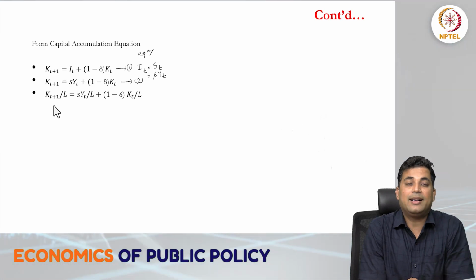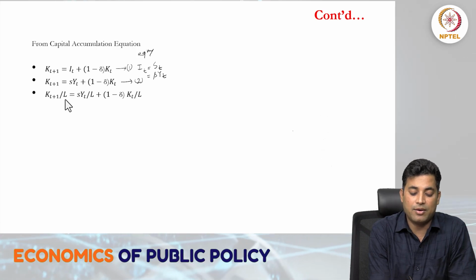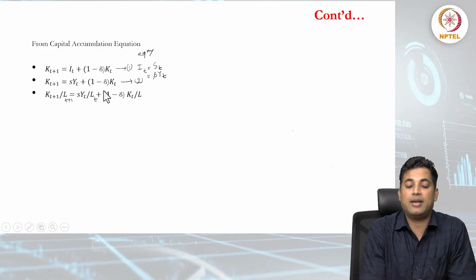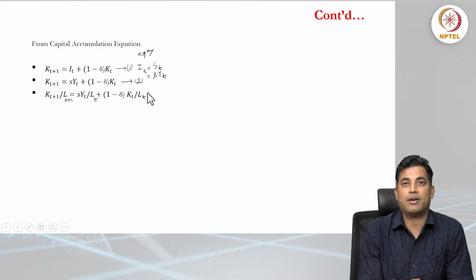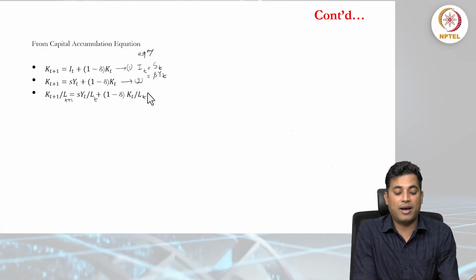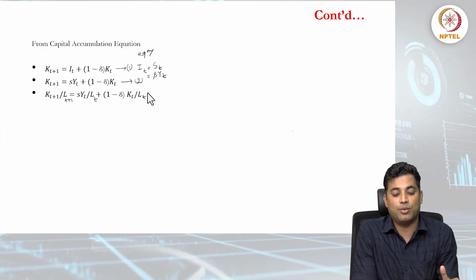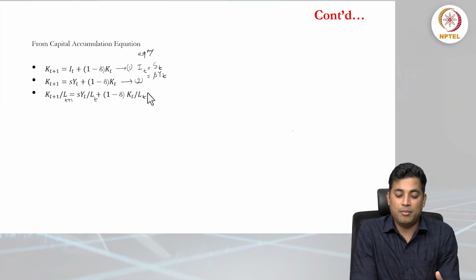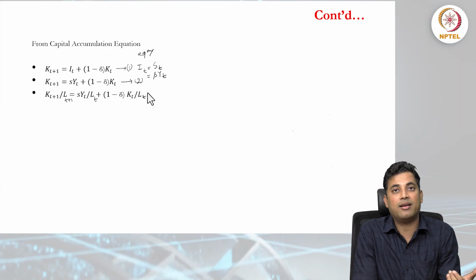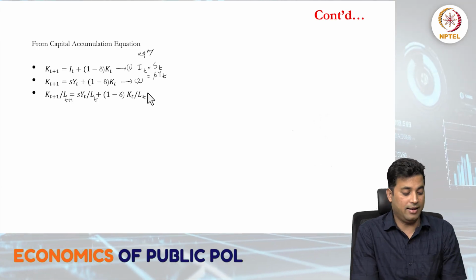Therefore K(t+1)/L(t+1) equals s·Y(t)/L(t+1) minus delta, where delta is depreciation, times K(t)/L(t).